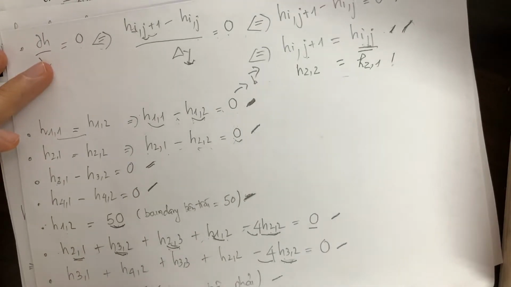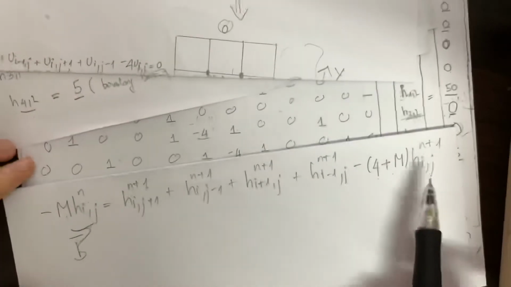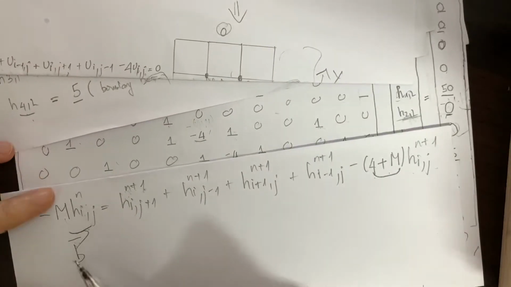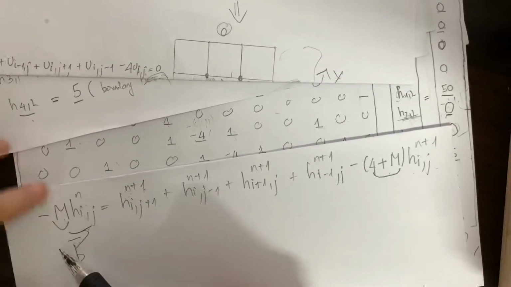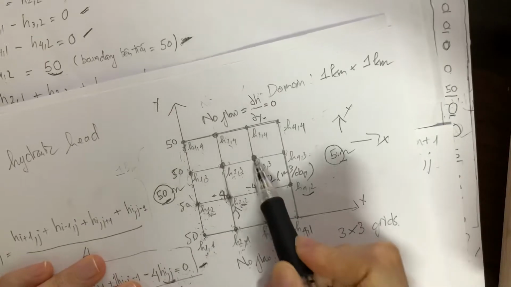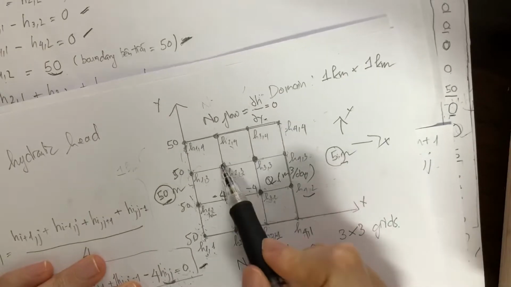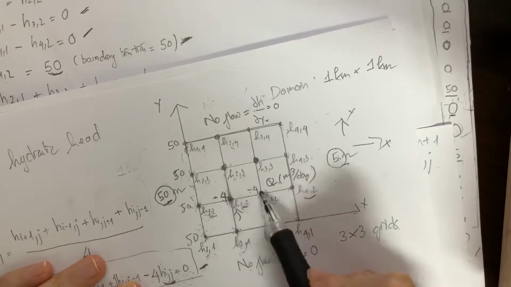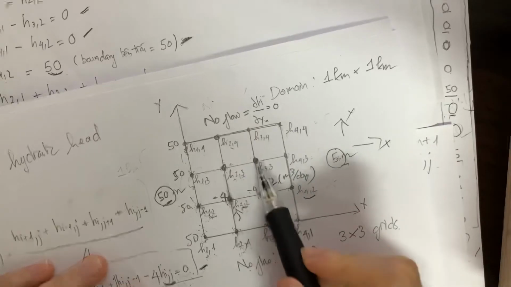It's the same as the Laplace equation. The difference is just the coefficients of the equations, and it's just used for the interior nodes like this. The nodes, the points that lie inside the grid, right?